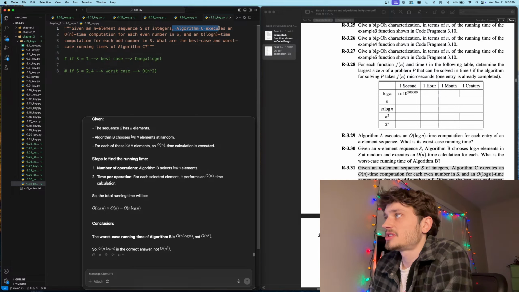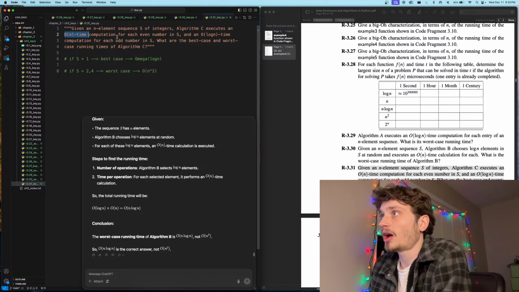So algorithm C executes an O of n time computation for each even number in S. So it would say, okay, for value in S, if value modulo 2 equals 0, then run an O of n time operation. So we'd be iterating through n divided by 2, which is O of n time, and then we'd be performing an O of n time computation, for a total of 1/2 times n squared.